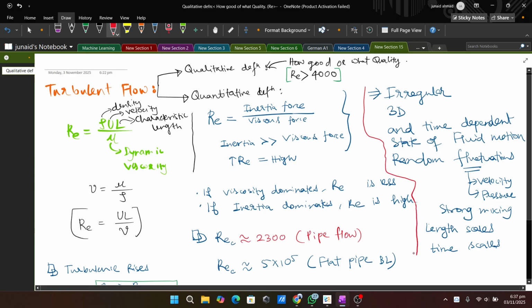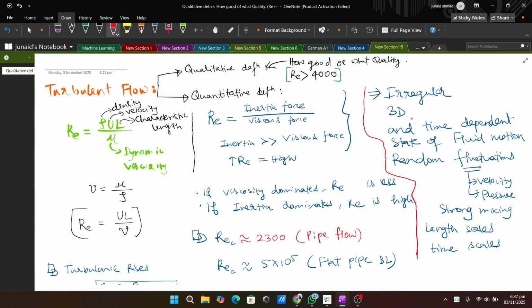It's a topic where a lot of research is still going on. So for now, we can say that turbulent flow or turbulence is an irregular, three-dimensional, and time-dependent, it's a function of time, state of fluid motion, which is characterized by the random fluctuations of velocity and pressure.